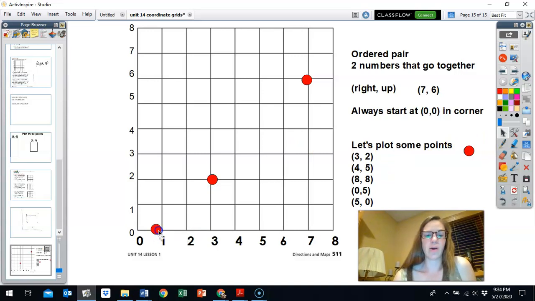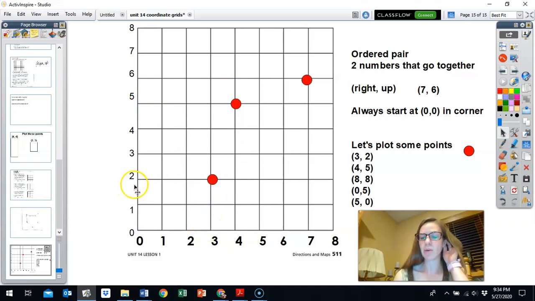I always start at 0, 0. I go over 4: 1, 2, 3, 4. And then I go up 1, 2, 3, 4, and 5. And I always like to double check that it's lining up with the 4 and then the 5. And this one is 3 and 2.